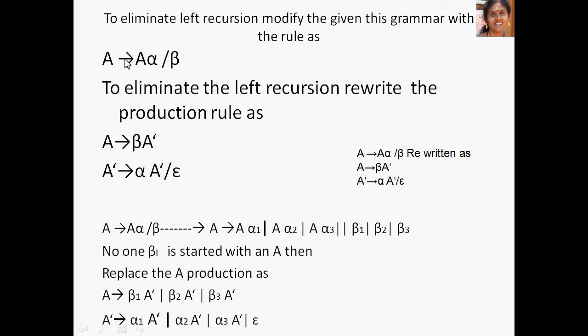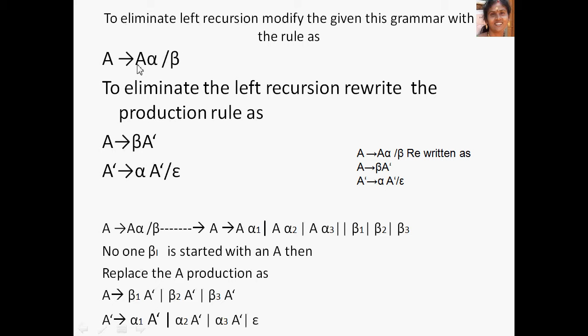So it is having left recursion, that is, it starts with the same non-terminal node. That's why we are telling this is left recursive. To give an end, we are giving another alternative for this capital A. If this is not given, then it leads to A alpha, and A alpha alpha, then A alpha alpha alpha.